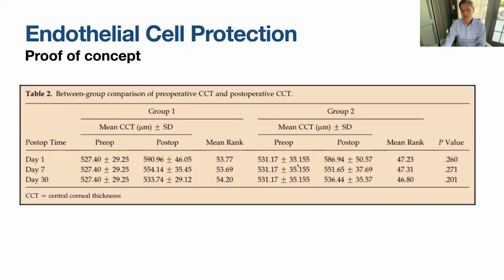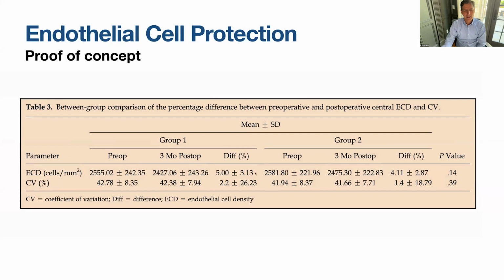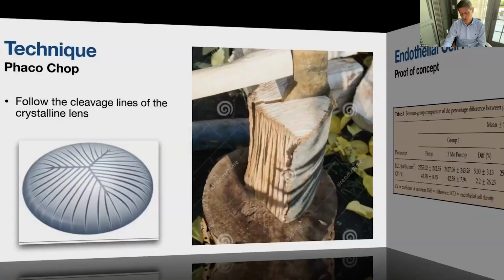And group 2, which had Discovisc, we see that basically the behavior is the same. And when evaluating the endothelial cell count, we basically see the behavior using only dispersive or Discovisc is the same. We see the same number of cells and a very low variation between the two groups.